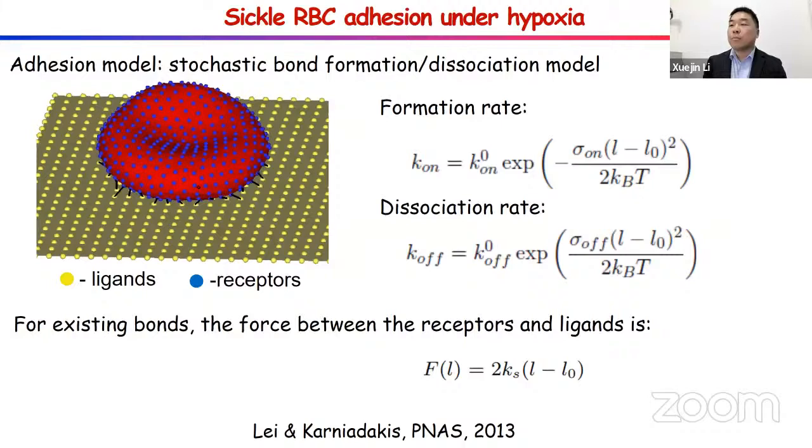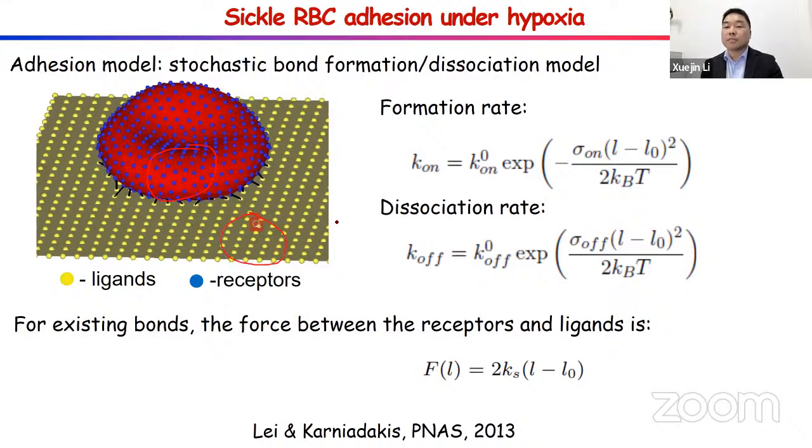You can see from the left figure, on the cell membrane, there are many blue dots. These blue dots represent the receptors. On the blood vessel walls, there are many yellow dots.